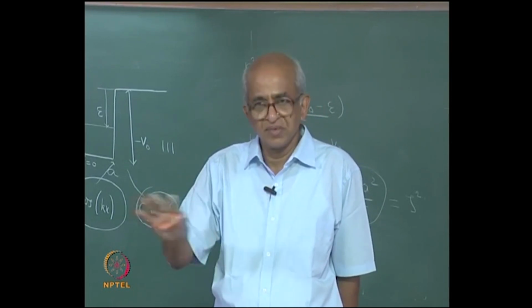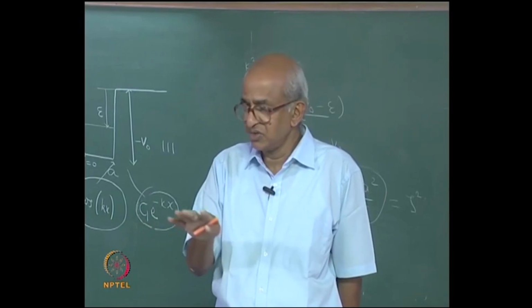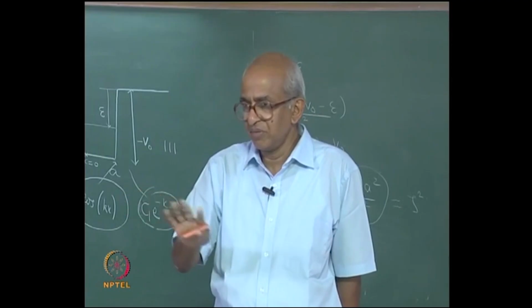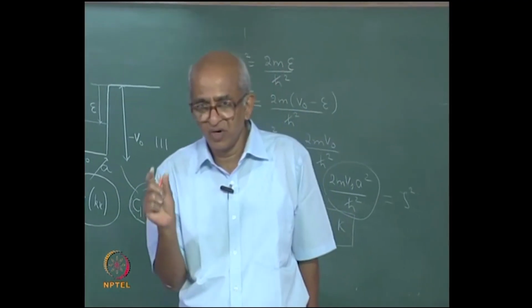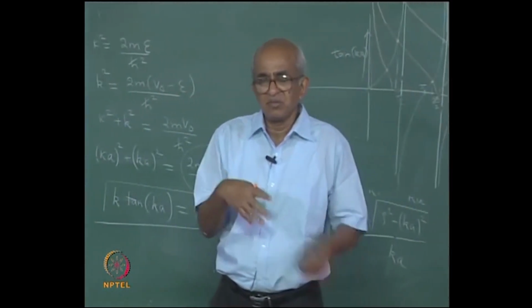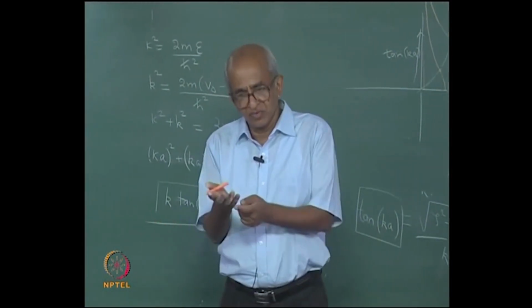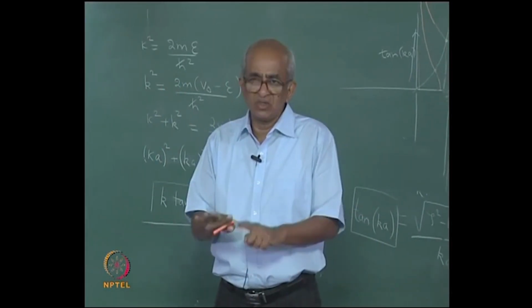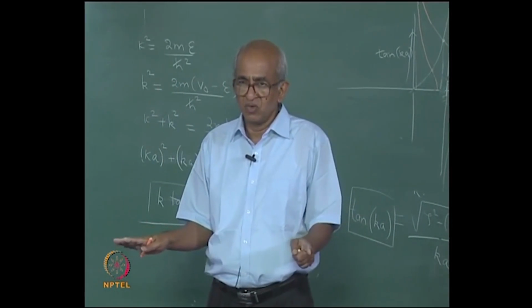This is something that happens in one dimension. Actually, if I were thinking of bound states in 2 dimensions, this does not happen. This is a speciality of one dimensional systems. If you have an attractive potential well, it does not matter how weak it is, it will have at least one bound state.